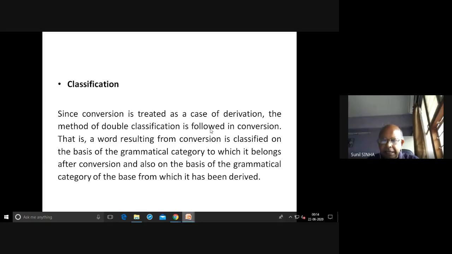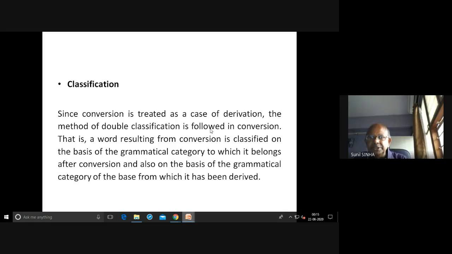So classification is always done according to the derivation. Before derivation, this was an adjective. So classification will be: intellectual is an adjective and intellectual is also a noun. This is called double classification.